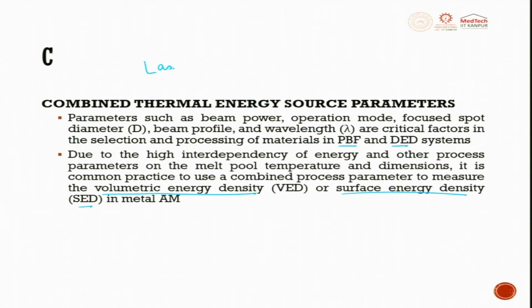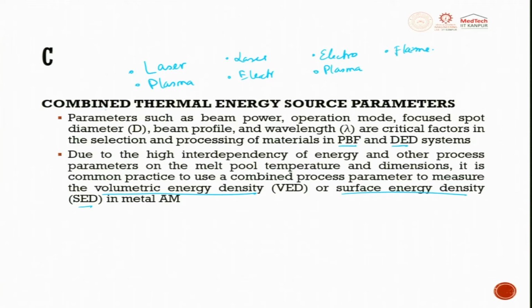It can be laser and plasma, it can be laser and electron beam, it can be electron beam and plasma, all combinations you can think of. It can be even a flame, anything.